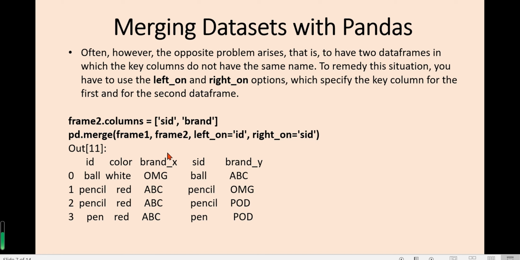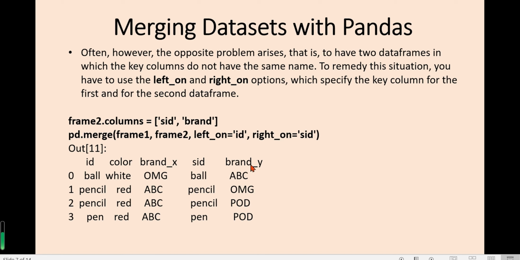And the result will be a data frame with 5 columns. You can see the ID and SID appear here. Actually, their values are the same, because this is the inner join, the intersection, so only the common values that appear in these two columns of the two data frames will be merged.